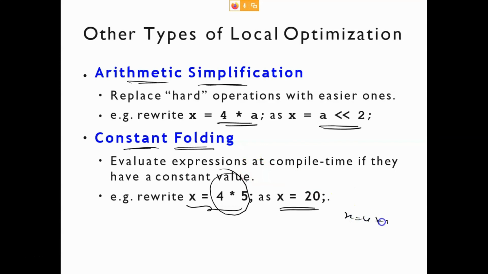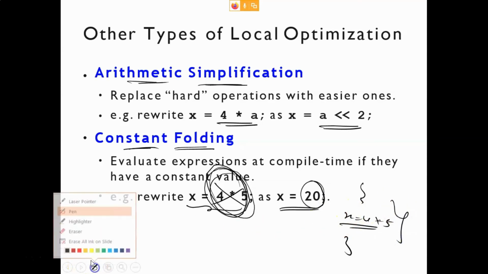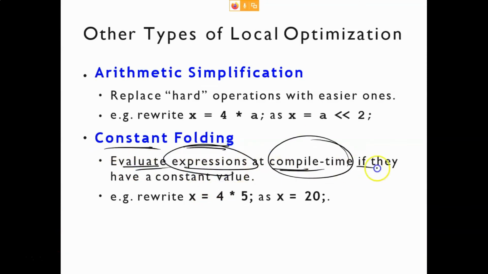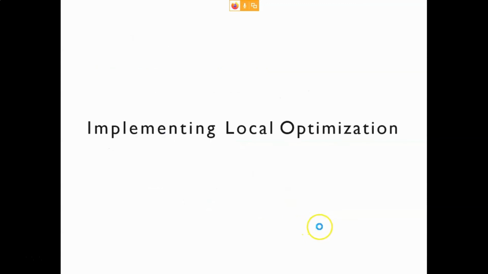Maybe this statement is inside a loop, so every time the loop runs, you would have to multiply it. Your compiler can just replace it with 20 at compile time. Now when you run this loop, you don't have to do the multiplication again and again. So this is called constant folding: evaluate expressions at compile time if they have constant values. This is a very simple definition.